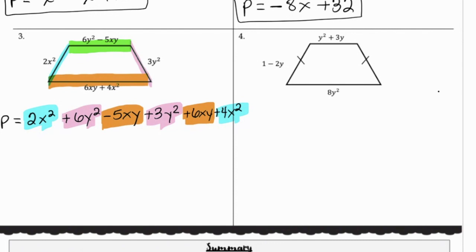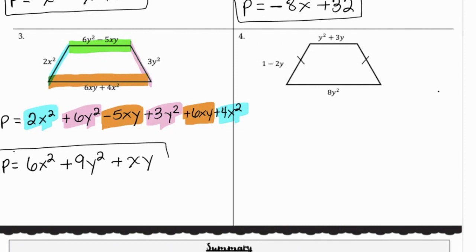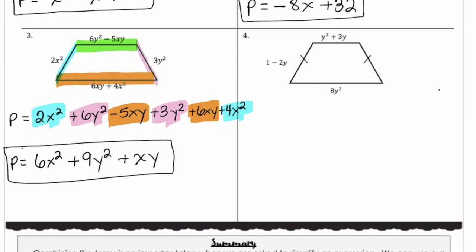So I could write my answer as I want. So I'm going to start with the blue highlighted piece, my x squares. I'm going to go pink next. And I'm going to put that xy last. And there is my final answer. If you want, you could always put the invisible 1 in if it makes you feel a little bit better. That's okay. I normally won't put it there because I know that there should be an invisible 1 in there. But if you like seeing it, you can.